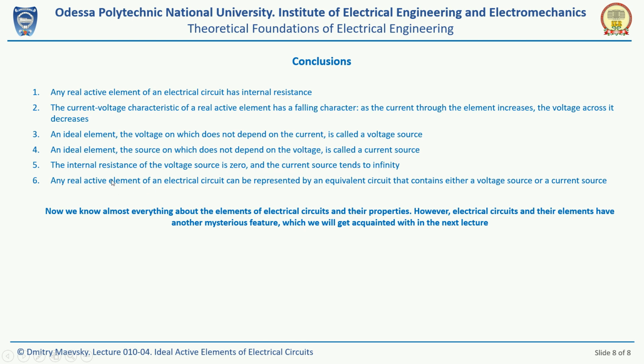The internal resistance of the voltage source is zero, and the internal resistance of the current source is infinitely large. Any real active element of an electrical circuit can be represented by an equivalent circuit containing either a voltage source or a current source. We will encounter the voltage source and the current source very often when analyzing electrical circuits.